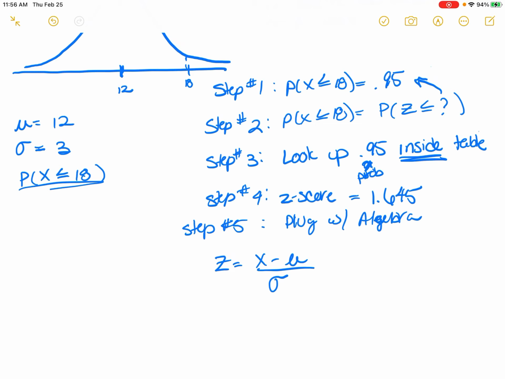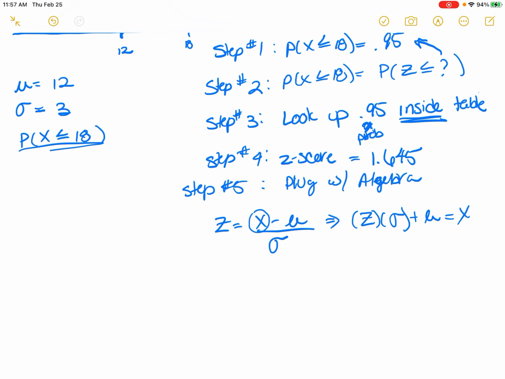And so if we are now solving for the x, because we want to find out what the x is, that's going to lead us to z times the standard deviation plus mu is going to be equal to x.